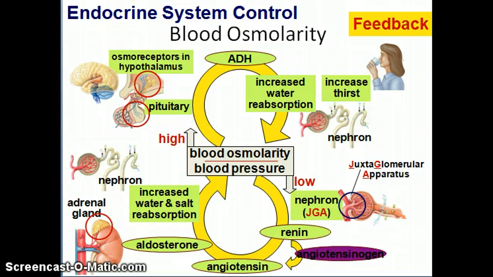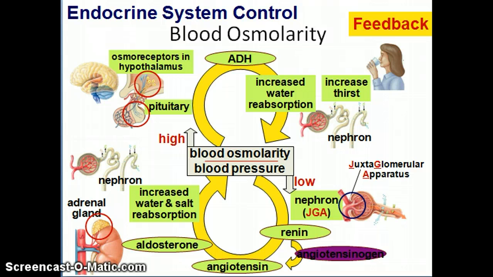Another set of antagonistic hormones are ADH, which is antidiuretic hormone, and angiotensin. These work together to maintain the blood's osmolarity, which is another way of saying how much water is within the blood.